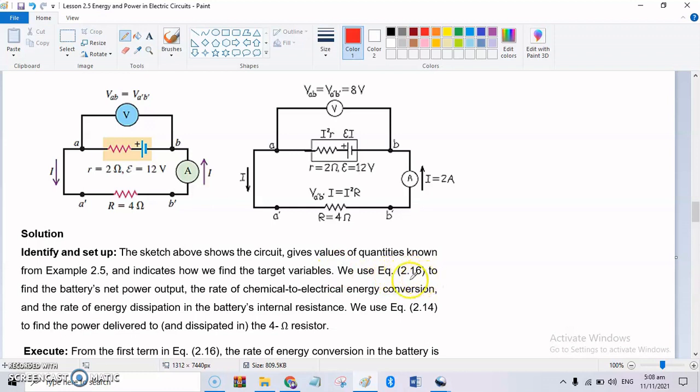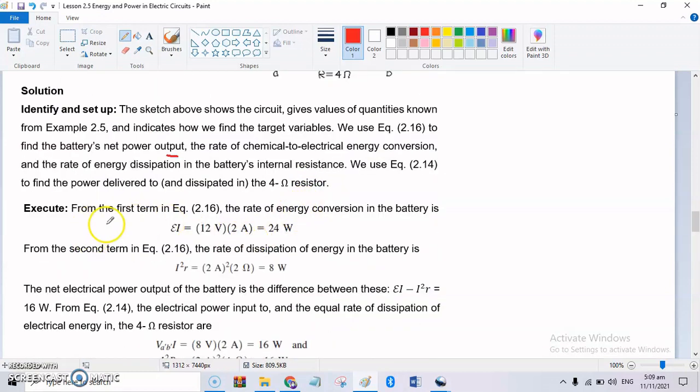We use equation 2.16 to find the battery's net power output, the rate of chemical to electrical energy conversion, and the rate of energy dissipation in the battery's internal resistance. We use equation 2.14 to find the power delivered to and dissipated in the 4 ohm resistor. So, from the first term in equation 2.16, the rate of energy conversion in the battery is EI.